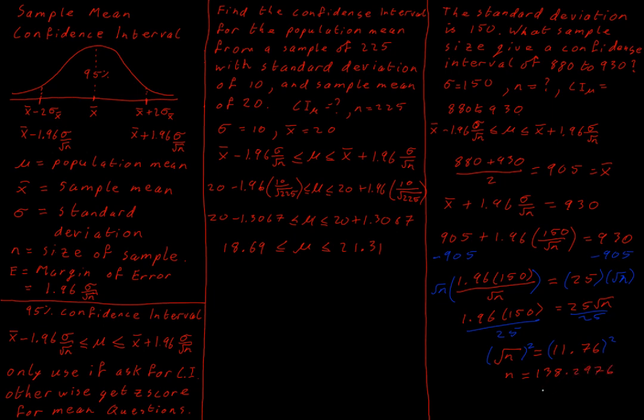Now, we have to think carefully about this. We want the sample size that's going to give a confidence interval like this. Now, if we rounded this down to 138, we would end up with a larger confidence interval than this. So we have to round up regardless of how small our decimal bit is up to our next number, so that our confidence interval is this or smaller. And that is what we need for now.